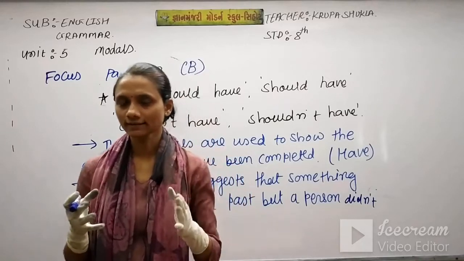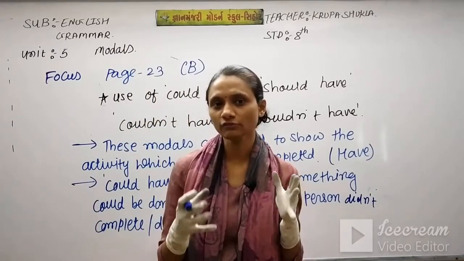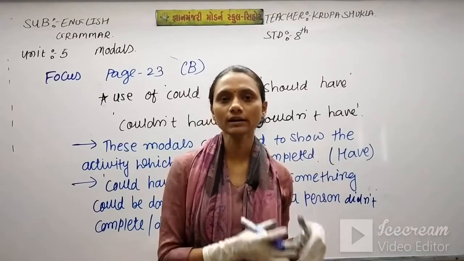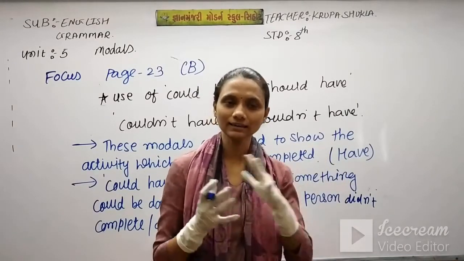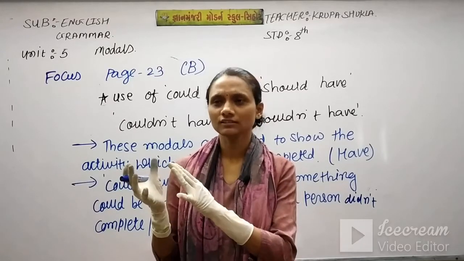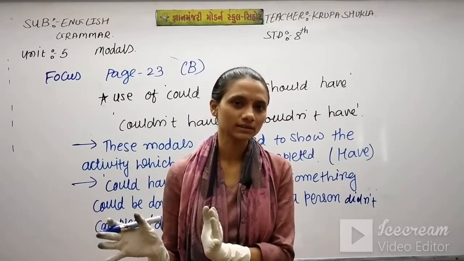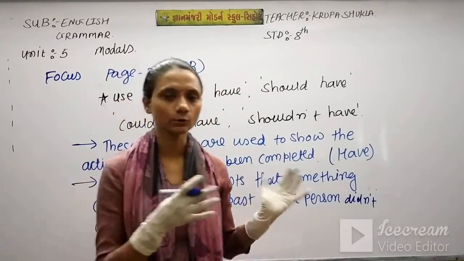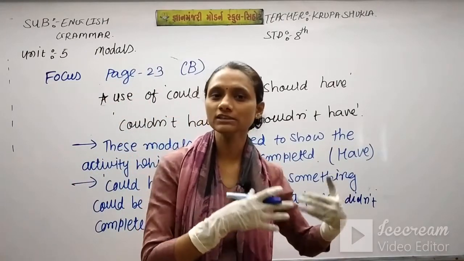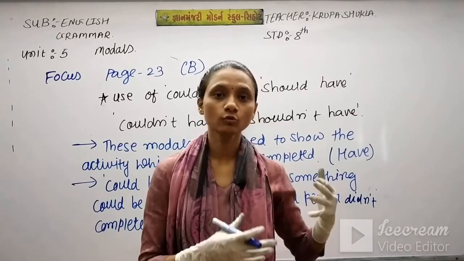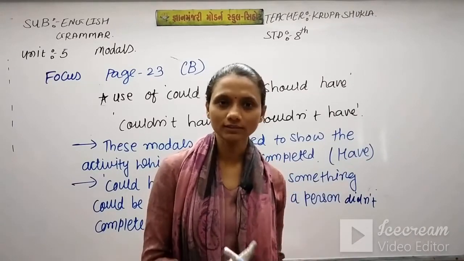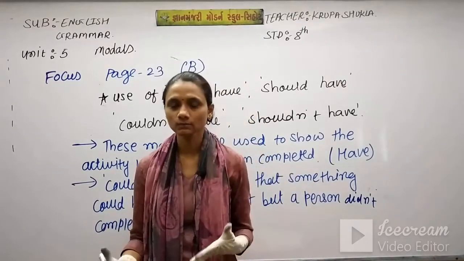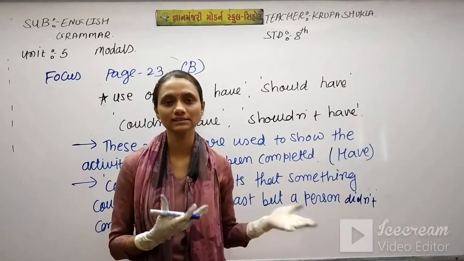Just listen, the activity of getting marks in 7th standard has already been completed. Now you are in 8th standard, so that is completed already in the past. But even then you are talking about that activity with your friend, that you could have achieved more marks, you could have got 99 marks in maths when you were in 7th standard.